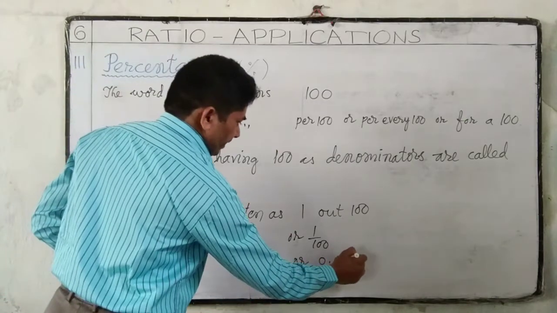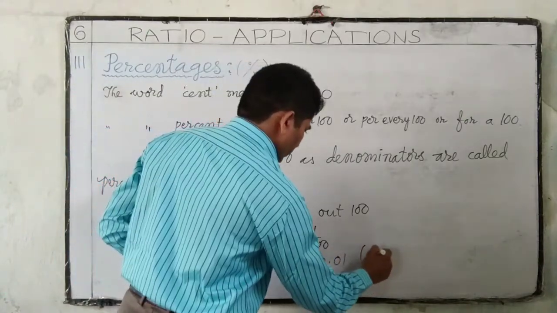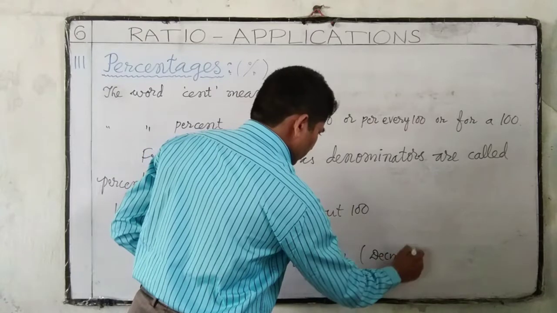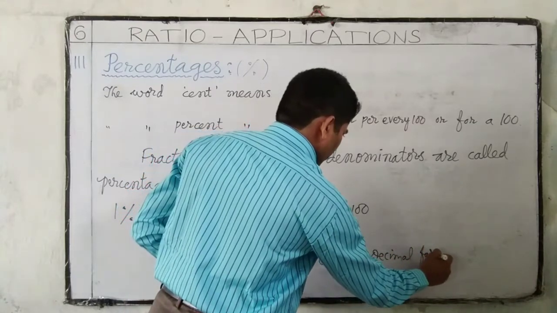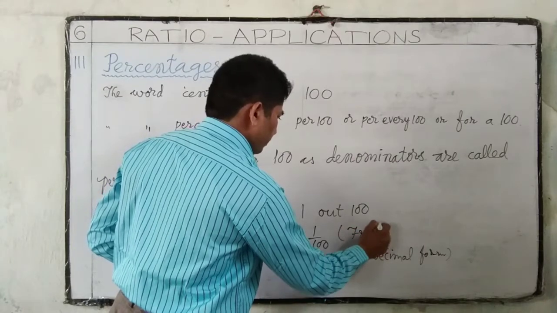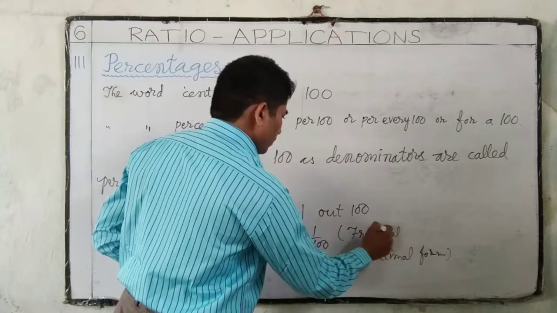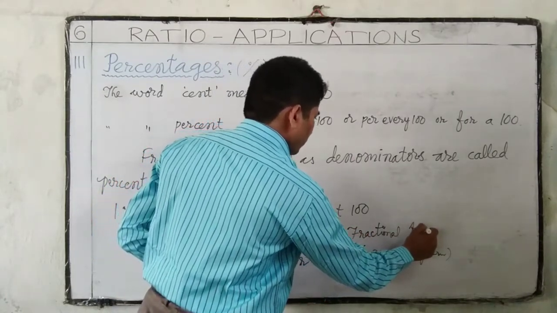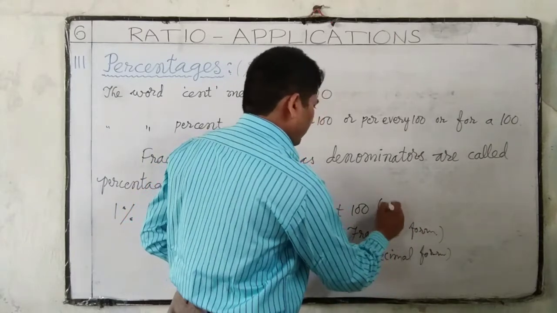This is a decimal form. This is a fractional form. This is a verbal form.